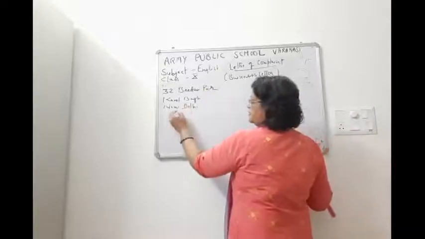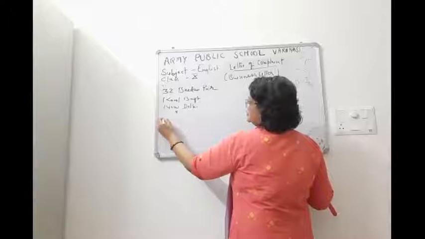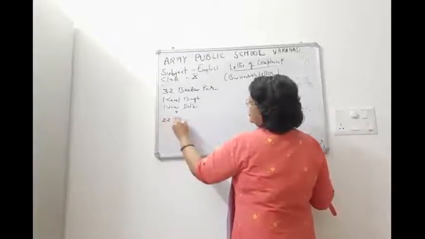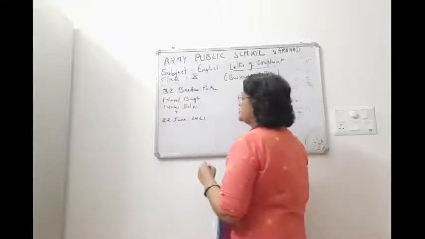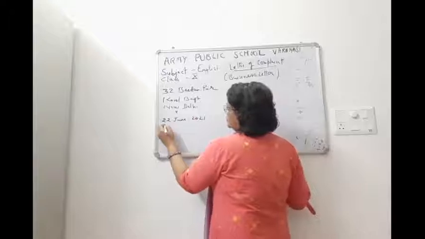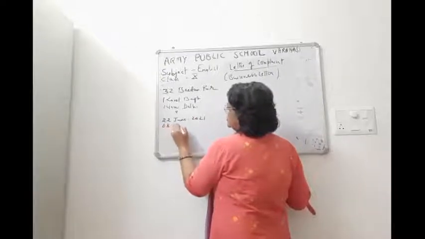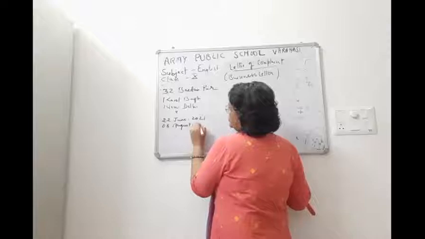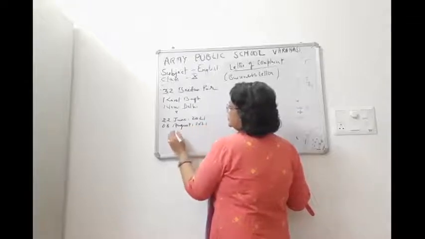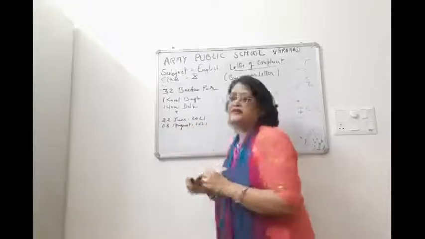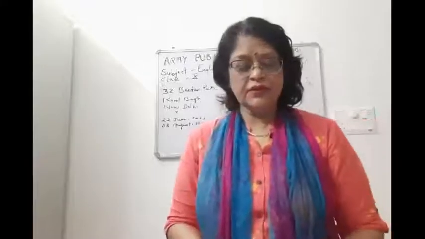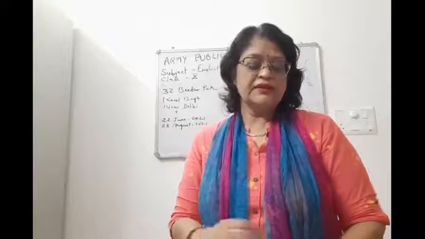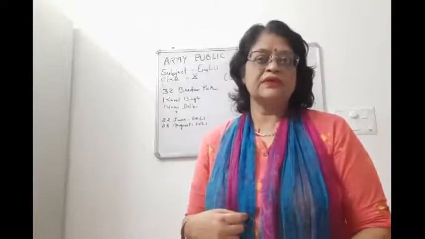Then leave one line, write the date here. Any date you can write. Okay, and then children, you can write any date, 08 August 2021, any date you can write. Then children, you have to write the receiver's address. Now here you have to think. Since it is your mobile phone that is broken, either the manager will be there in the shop or the main shopkeeper.